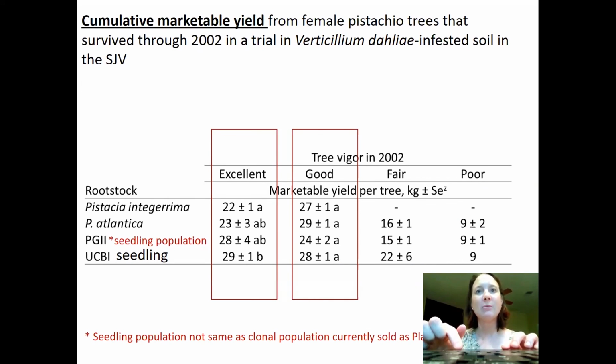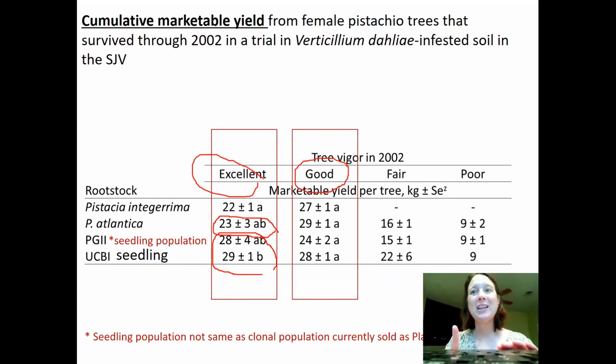So evaluating trees that were of excellent vigor or good vigor, if we look at the yield, those UCB1 seedlings and PG2, the reciprocal cross, were high yielders. P. atlantica, which of course offers the frost tolerance, but also the susceptibility to verticillium, was also statistically similar. Similarly, we have high production. These were not statistically different, all of them.